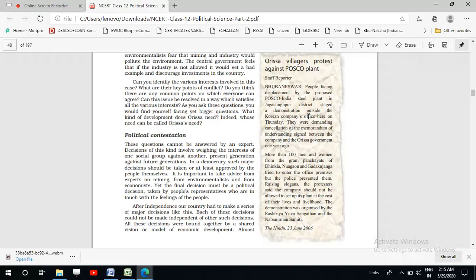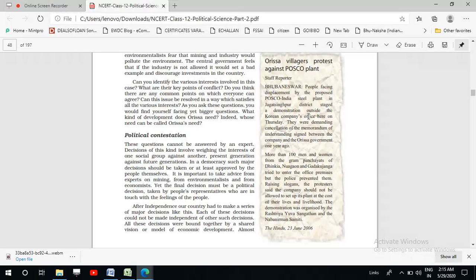So, the international company with which the government of Odisha has signed this memorandum of understanding was a Korean company, and the name of the company was POSCO India, and people belonging to tribal areas started their demonstration outside the Korean company's office, which is in Bhubaneswar. And people were demanding that the memorandum of understanding must be cancelled.